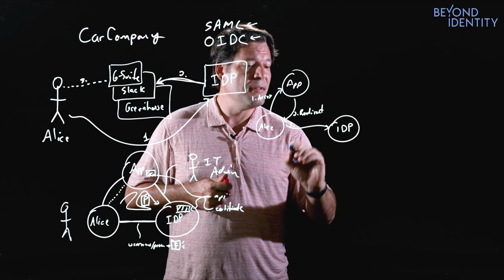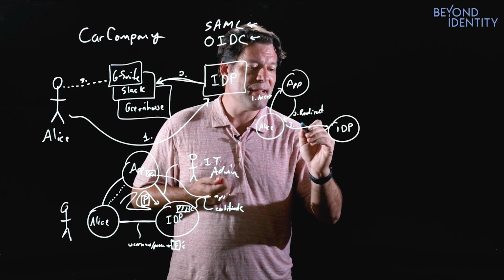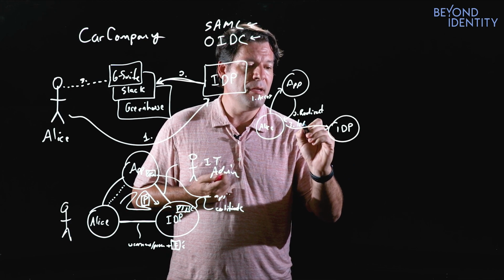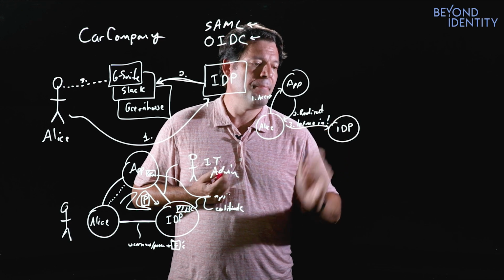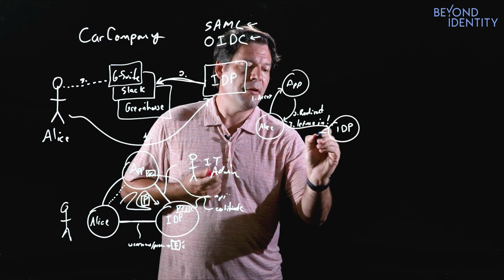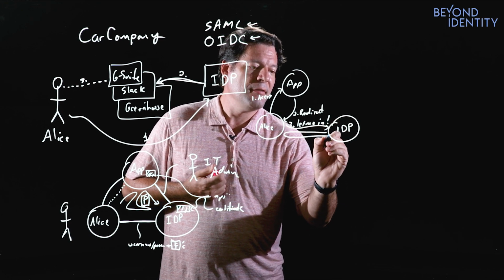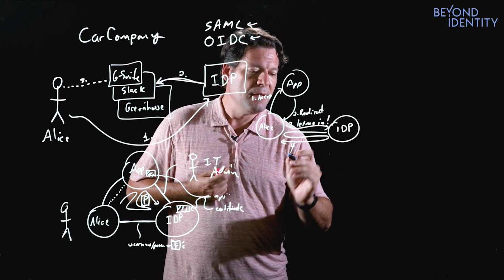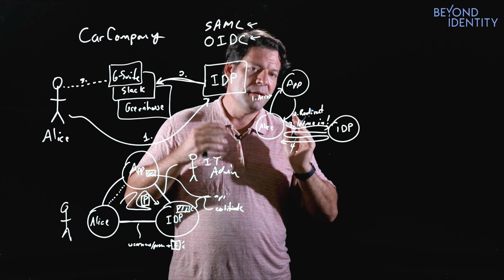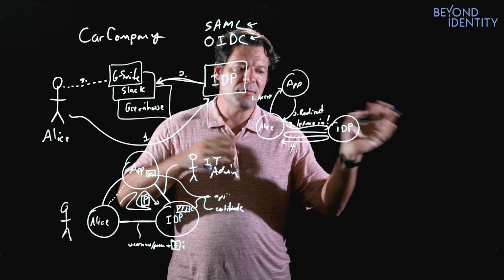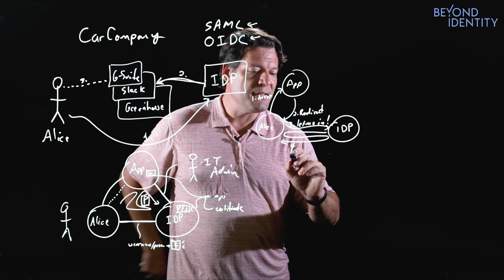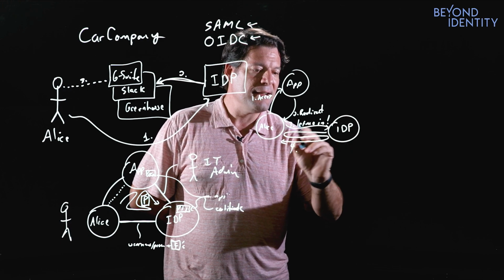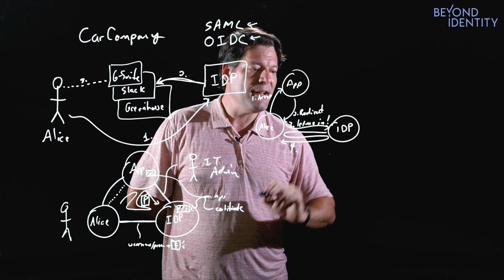So Alice will come to the IDP and essentially say, let me in. And the IDP will go through a challenge response and come back. So I'm compressing things here, but we've already kind of talked through the authorize, username, password. So let's assume this is the happy path, and Alice is able to successfully authenticate with the IDP.